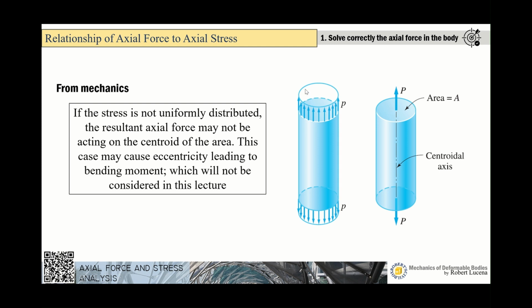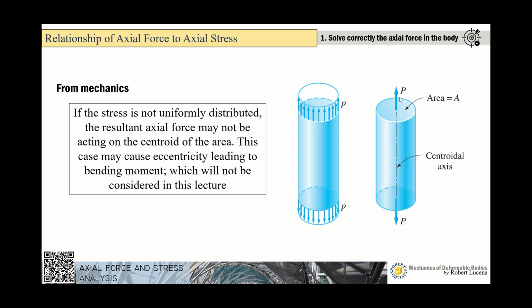And we can also recall from mechanics that stress is actually not uniformly distributed. The resultant axial force may not be acting on the center of the area. This causes eccentricity and will cause a bending moment, and that will not be part of the lecture. We will just focus on force applied on the centroid of a body, as you can see in this figure.